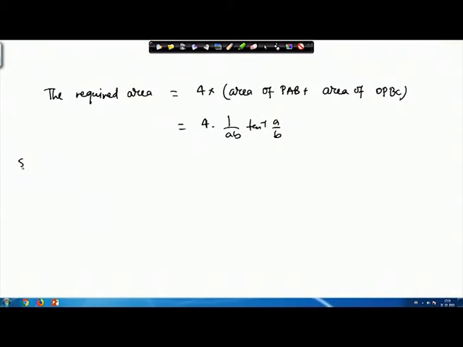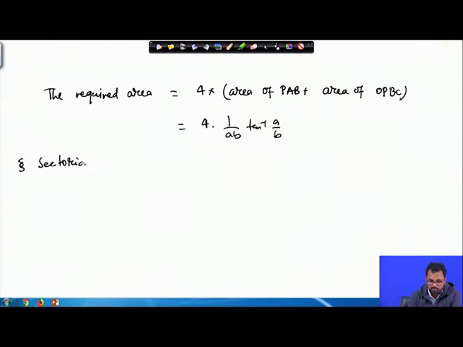All right, so the next point we have in the agenda is sectorial area. Sectorial area is motivated from the polar coordinate system.